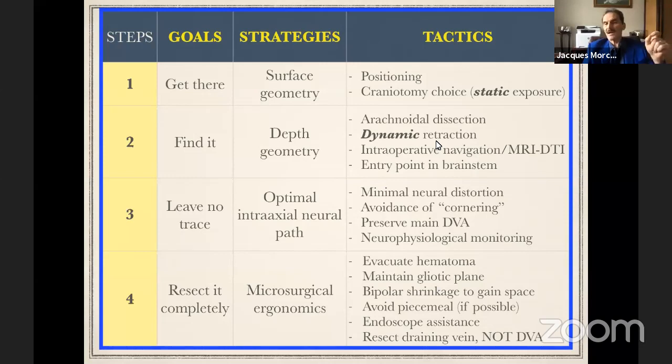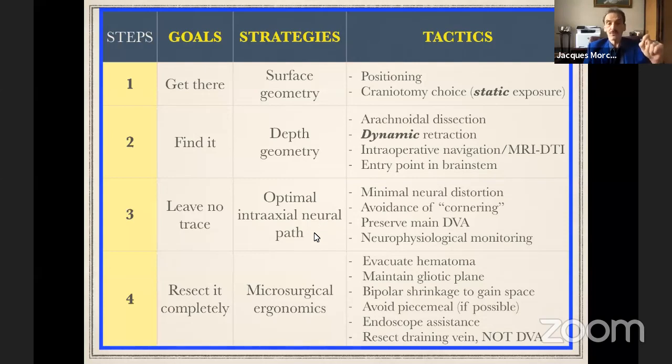It would be very rare to put a self-retaining retractor on a case and leave it there the entire case. That's not how I would do it. I generally don't put a retractor, but sometimes you do. But for most of the case, it's dynamic retraction. You have to do arachnoid dissection, intra-op navigation with MRI or DTI. You need to choose your entry point in the brainstem.